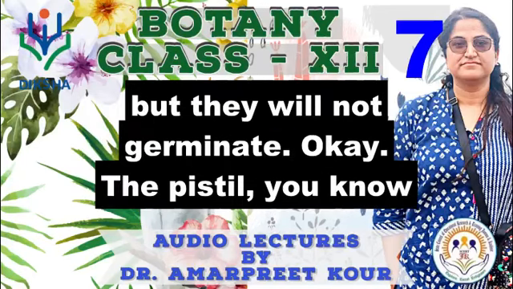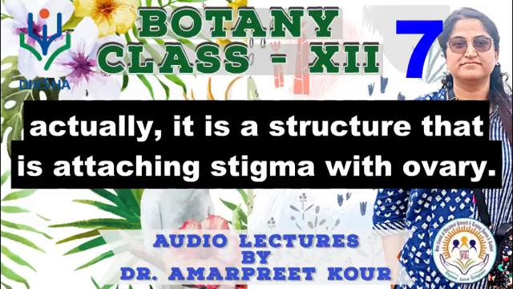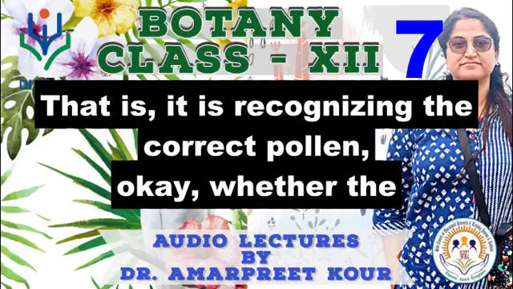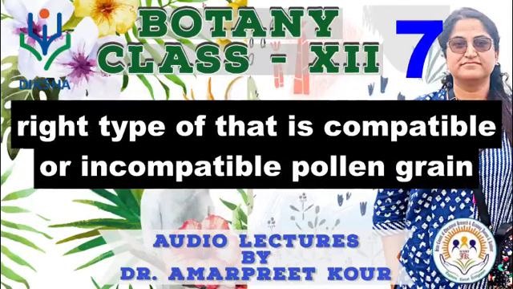The pistil, as I have already explained in the previous lecture, is a structure that attaches the stigma with the ovary, and in spite of that it performs some important functions. It recognizes the correct pollen, whether the pollen grain that has arrived on the stigma is compatible or incompatible.